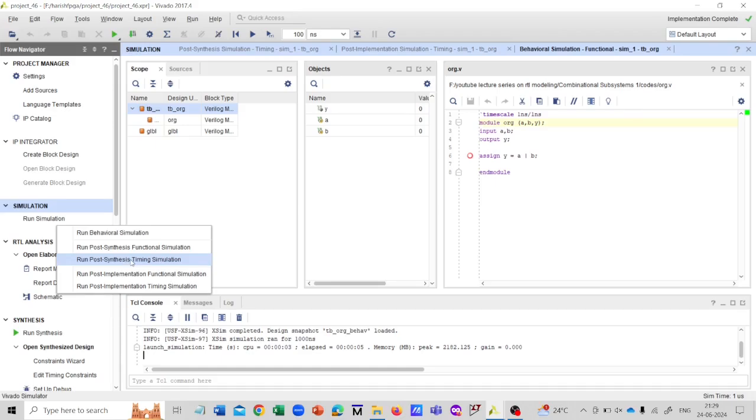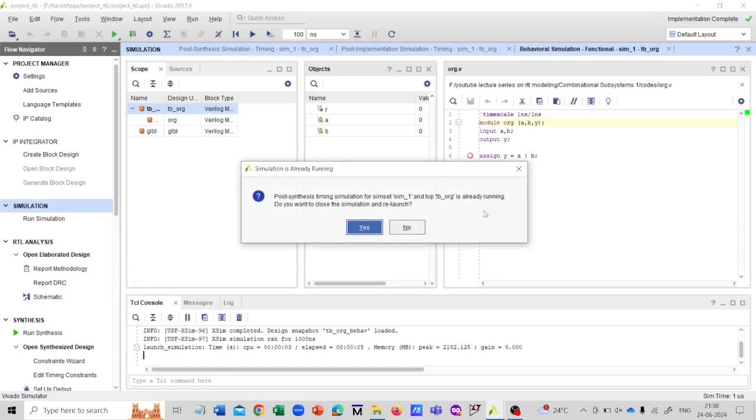In post synthesis timing simulation, the behavior of the hardware when it is synthesized to a generic set of gates will be shown by the simulator. Let us see how it shapes out as far as the OR gate is concerned.